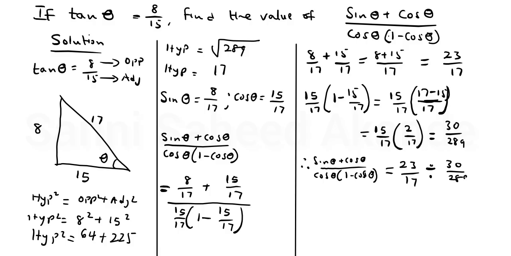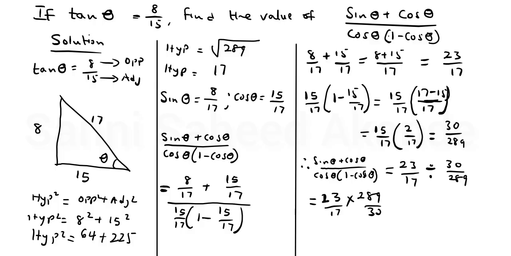Okay, so let's change this division to multiplication. So we have 23 divided by 17 multiplied by 289 over 30. It changes like this because we have changed the division to multiplication.